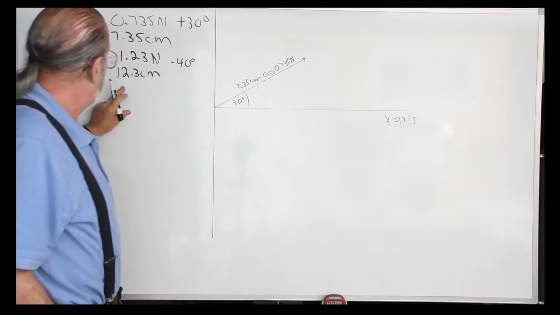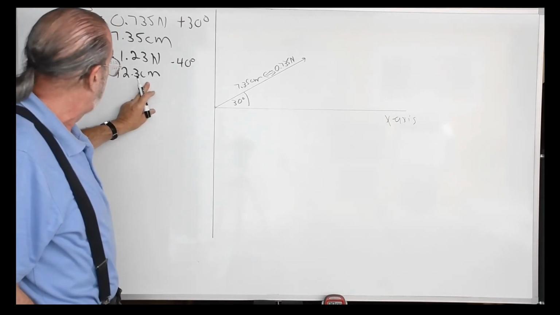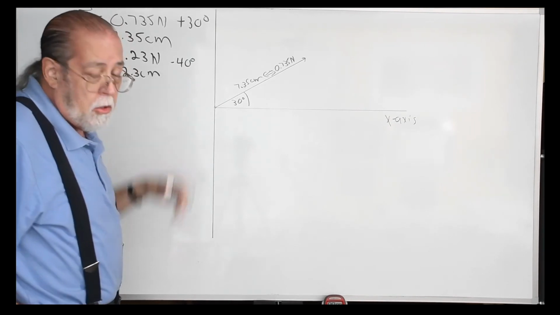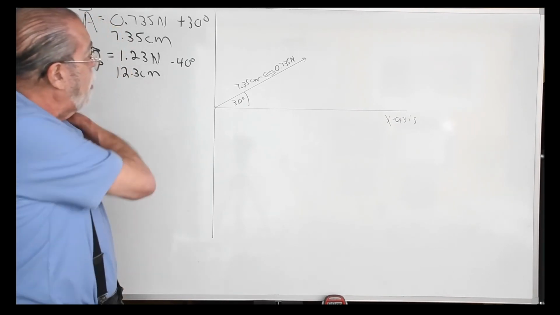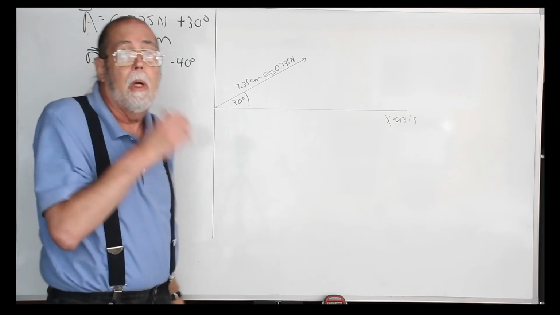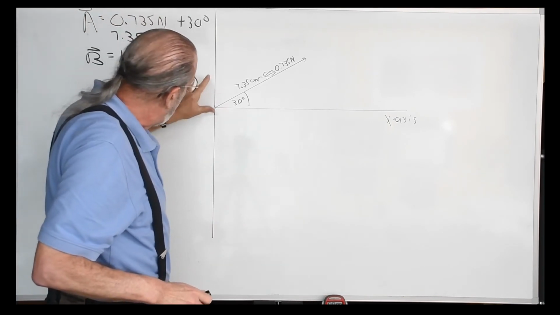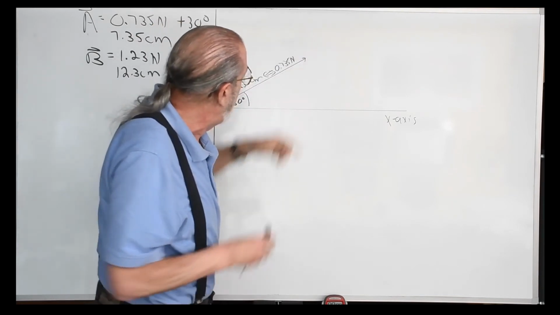The second one has to be 12.3 centimeters long and at an angle 40 degrees down. Now this is where people get confused. When we draw the next vector, we have to move our origin from here up to here.